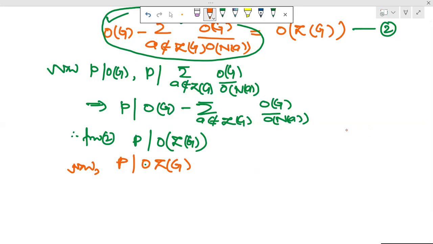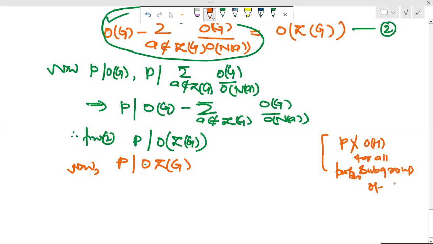Now this is the case when P does not divide order of H for all proper subgroups of G. But here P divides order of Z(G). This means that Z(G) is not a proper subgroup of G.